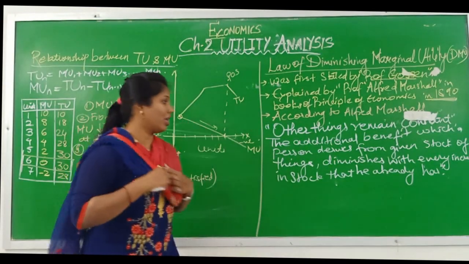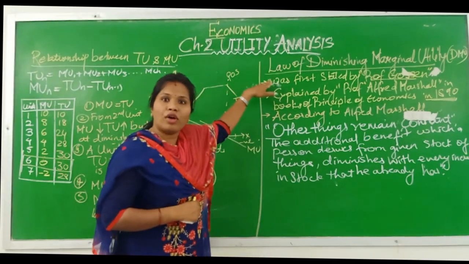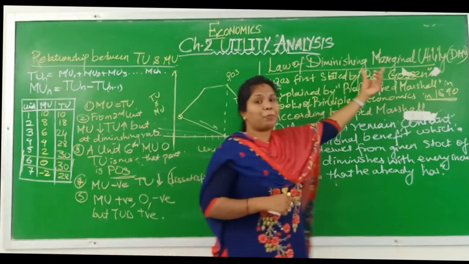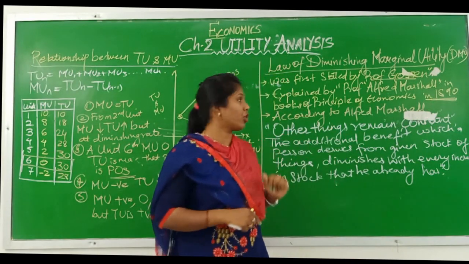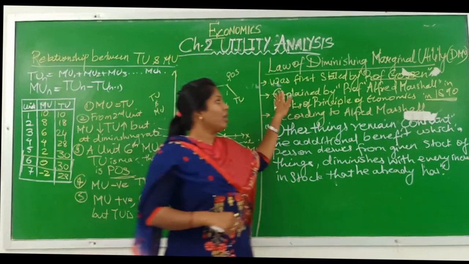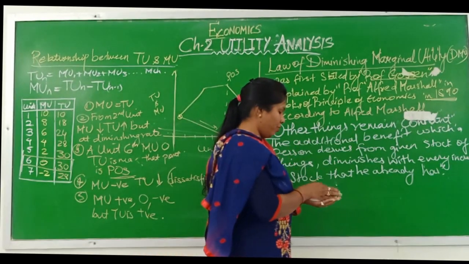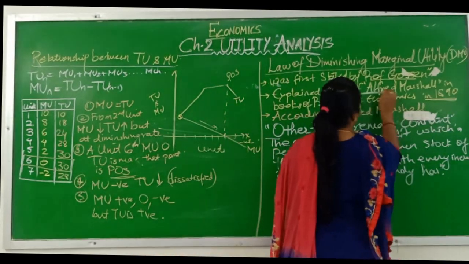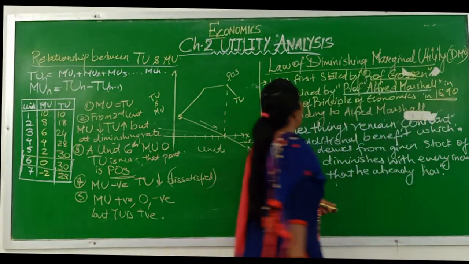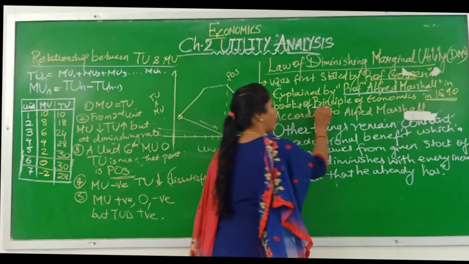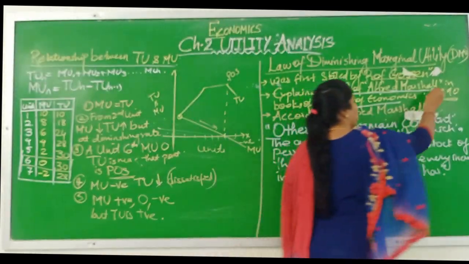Once again, kids, focus. The law was first given by Professor Gossin, and it is also said to be Gossin's first law. Then it was explained by Professor Alfred Marshall in the book Principles of Economics in year 1890.